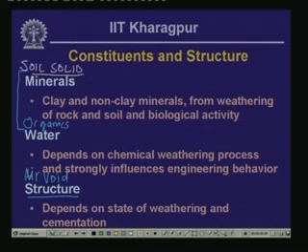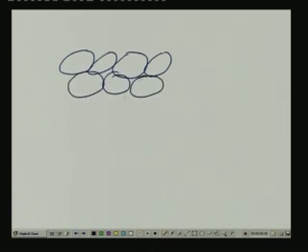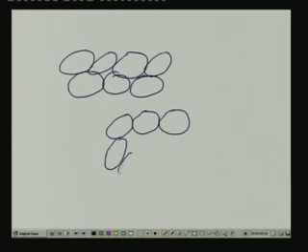To give you an example of what is meant by a structure, think about soil grains, soil solids. The soil solids could be oriented in this manner, and the soil solids could also be oriented in an open card house like structure, because of several different things.